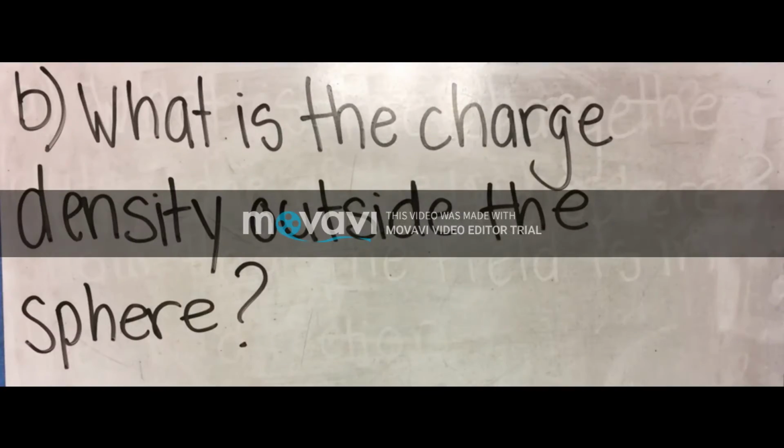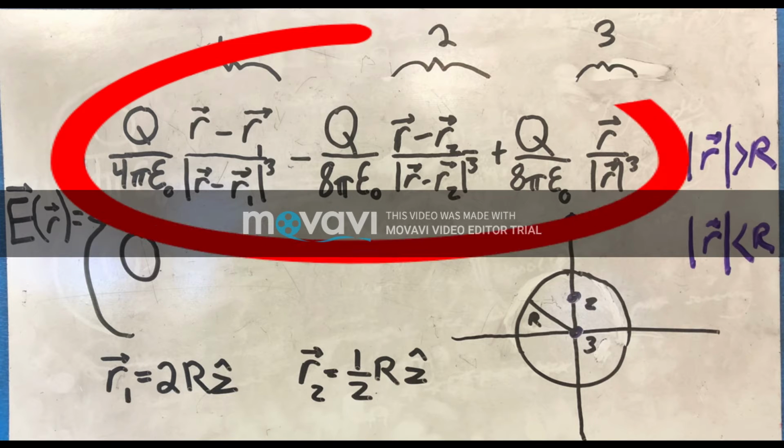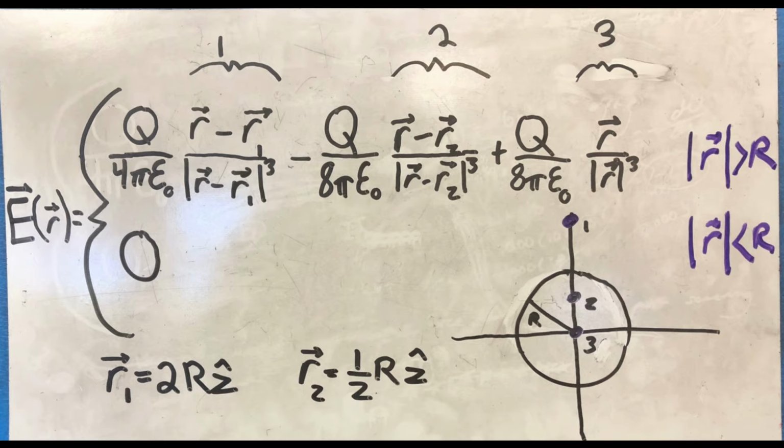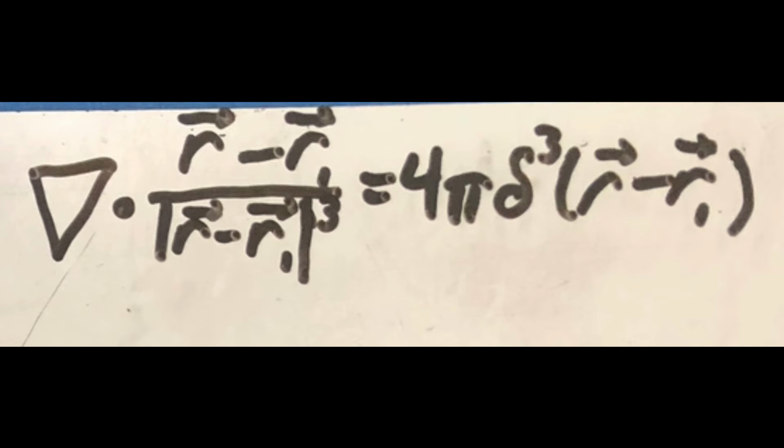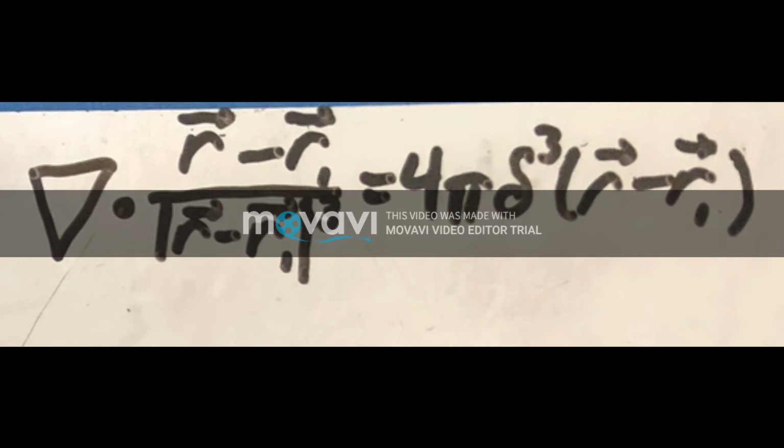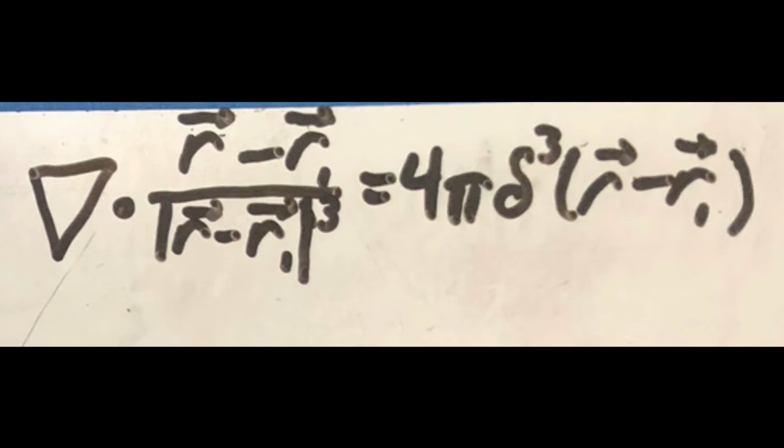For part B, we're going to find the charge density outside the sphere, where little r is greater than big R. Because of this, when looking at the electric field, you can see that only the first term is outside the sphere. Also note that del dot of (r minus r1) over |r minus r1| cubed is going to equal 4 pi delta function cubed (r minus r1).